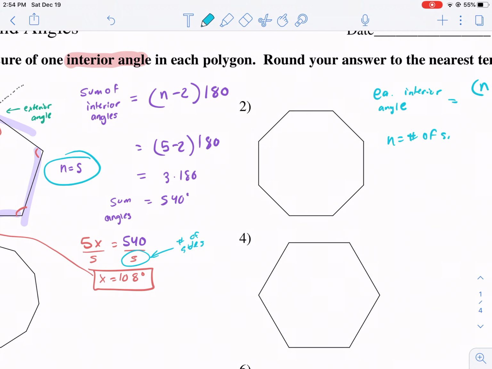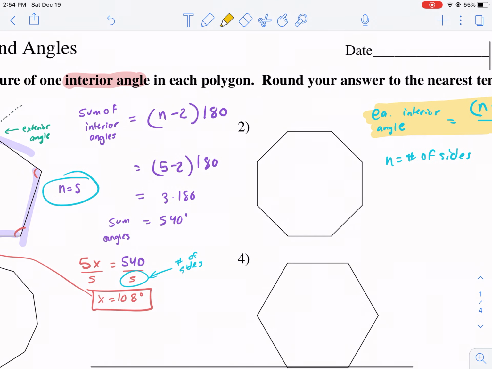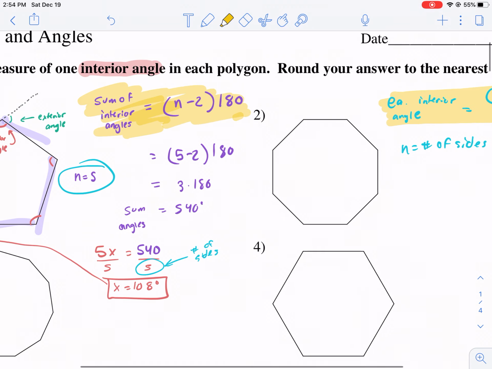I didn't write that earlier, so we just divide by the number of sides, and there you go. This is for one interior angle of a polygon. If you're not looking for the sum, you use the one on the left. If you're looking for each measure, you use the one on the right. And that's how you do these problems.